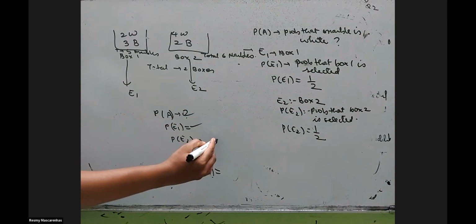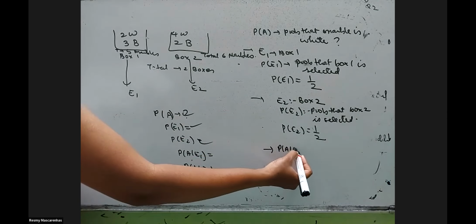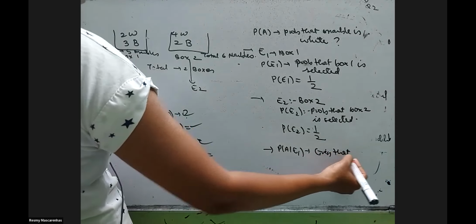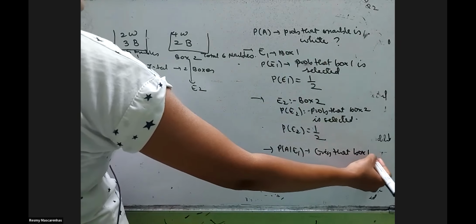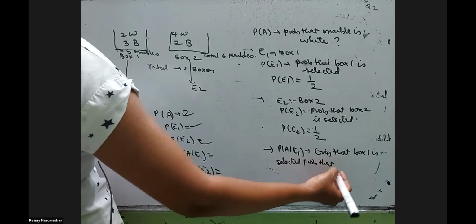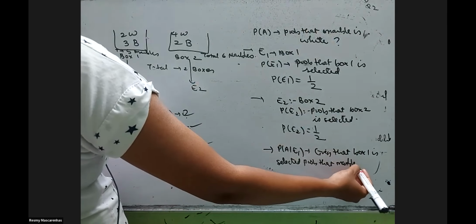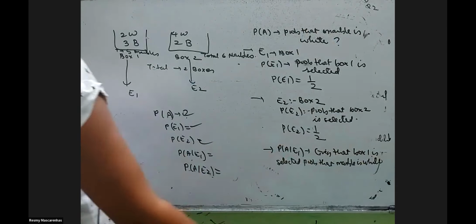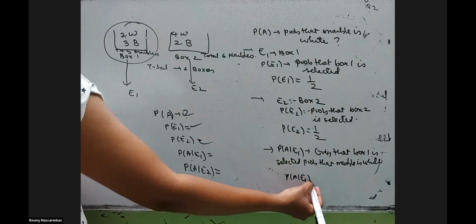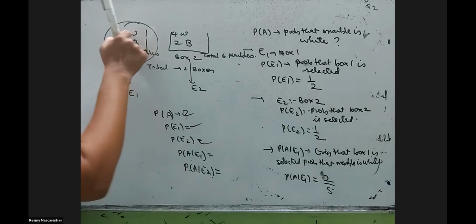This is done. Now P of A upon E1. Now read from here. Given that E1, which means box 1 is selected, probability that it's a white marble. So for box 1, 2 out of 5, because there are 2 white marbles out of 5.